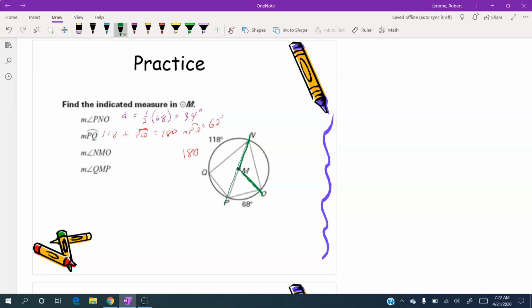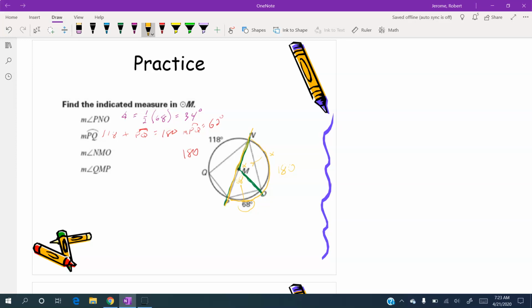We have a diameter, which cut our circle into 180. We know this one is 68, which means that angle is 68. So if we find this arc, we will know that angle because the central angle is equal to the arc.